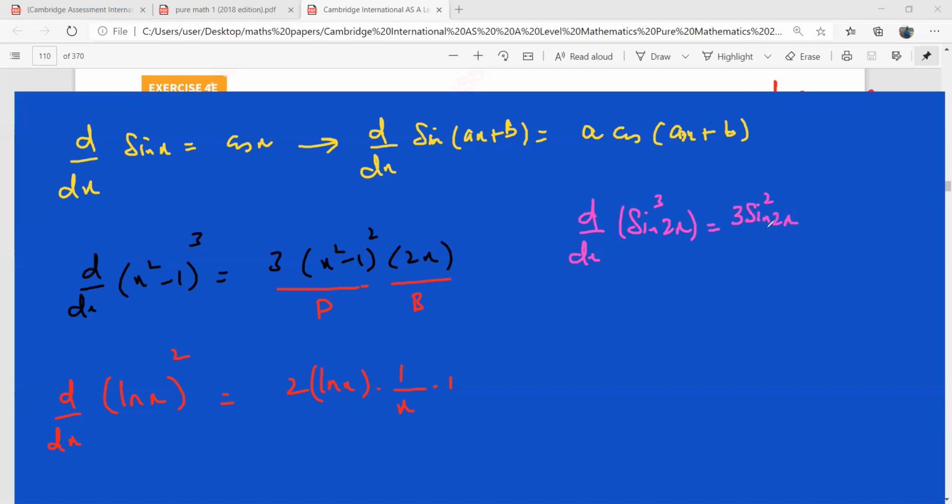The power 3, and then 1 minus from the power, this becomes 3 sine square 2x. Then you have cos 2x, that is the derivative of the one who had power, and then you have times 2.